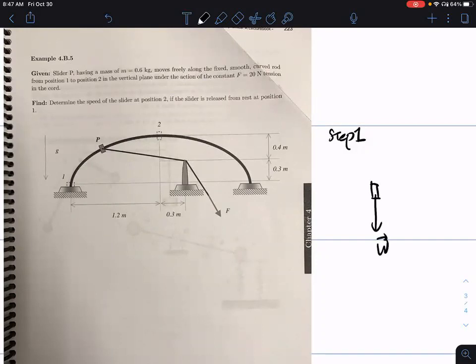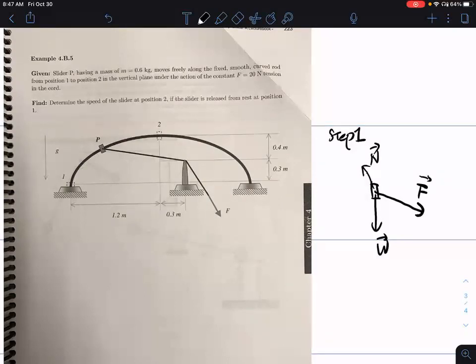And depending on the location of that particle P, you're going to have a tension force from that cord, and the magnitude of that force is F. And on that particle P, you're going to have a normal force, and that normal force is always normal to the slide. Here you have 3 forces.